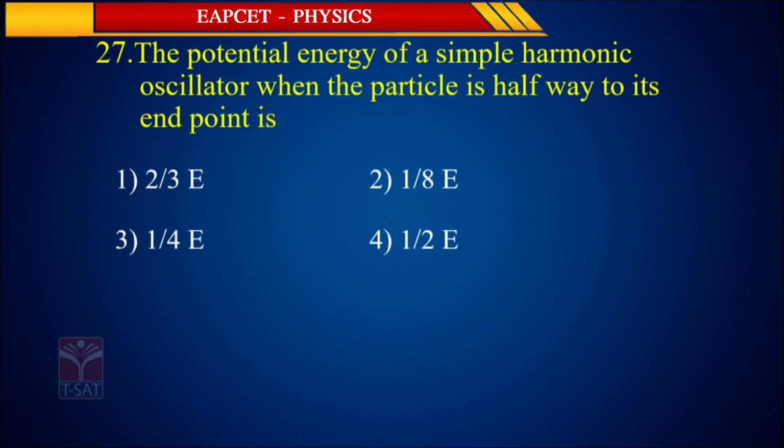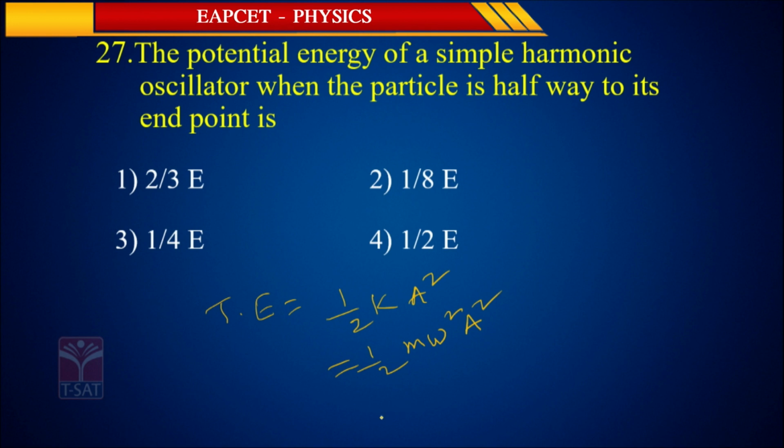You know that the total energy formula, children, in simple harmonic motion is 1 by 2 K a square. The K value you can also substitute, giving 1 by 2 m omega square a square.